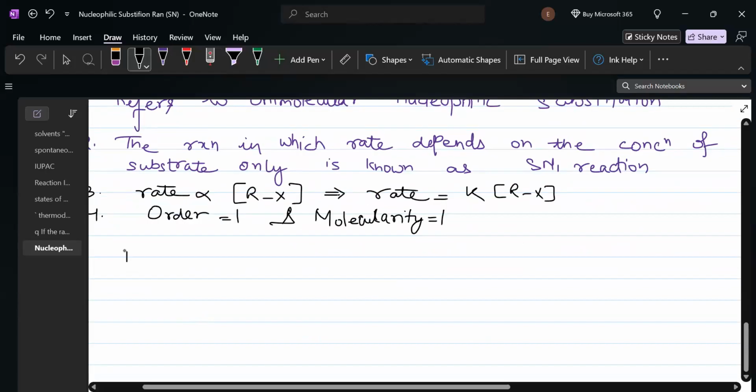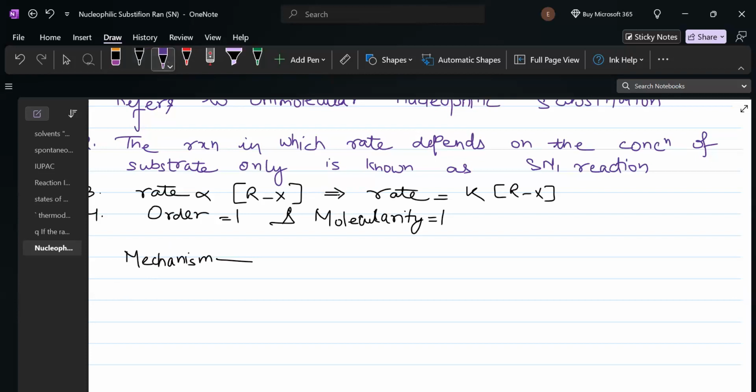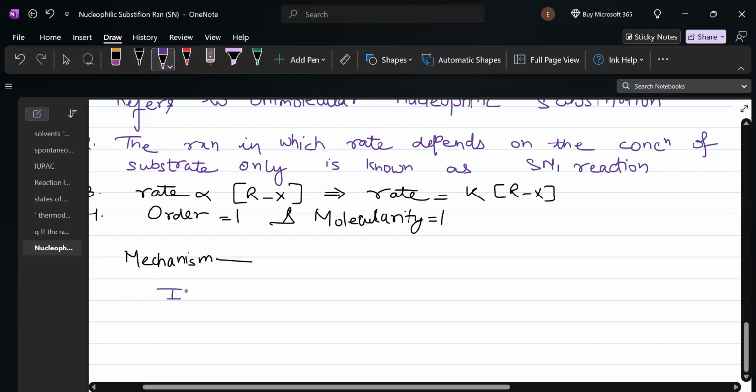So what the mechanism is. It occurs in two steps. Okay, first.